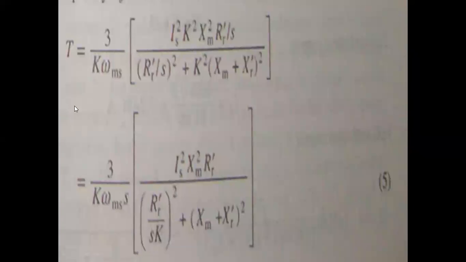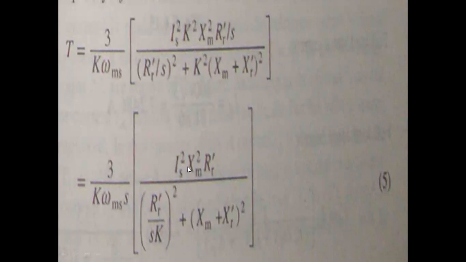Okay, so see here, if I multiply and divide with k square, it will get cancelled here, only here k square will be there, and taking out the s common, plus xm plus xr dash whole square. Dividing by k square, multiplying, and k square also taken common, you will get k square by s.